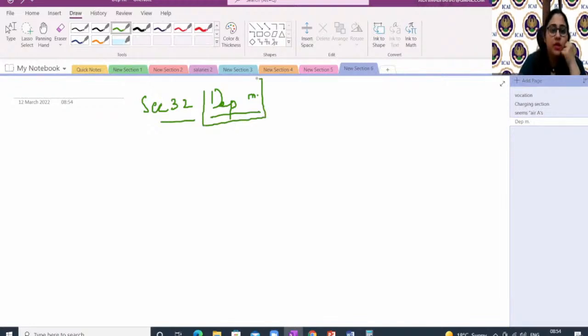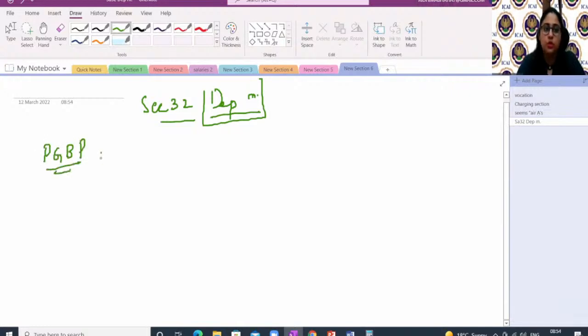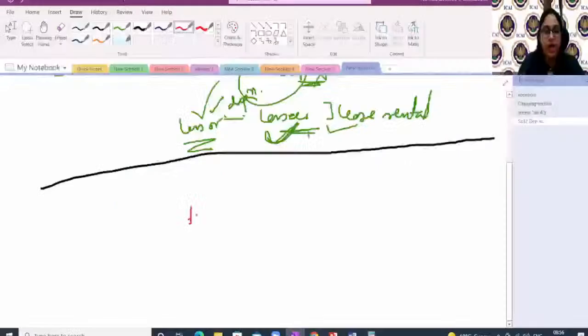Depreciation is allowed in income tax as per section 32. Depreciation of only those assets which are used for the purpose of PGBP would be allowed. Number one, usage is PGBP. Depreciation allowed would be only to the owner of the asset or the beneficial owner of the asset. Meaning, if I have taken plant and machinery on rent, think yourself as a person who is conducting business. The lessee pays the lease rental, and the purchaser is the owner.